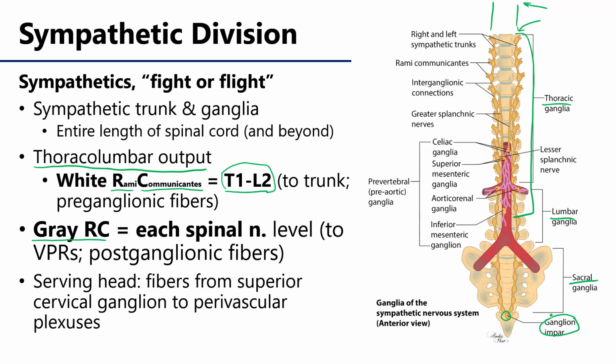It's important to note that the head is served exclusively from postganglionic fibers arising from the superior cervical ganglia. And they're going to distribute along major vascular pathways, so external and internal carotid, that are surrounded by these perivascular plexuses, which are meshworks of fibers on the way out to target tissues.